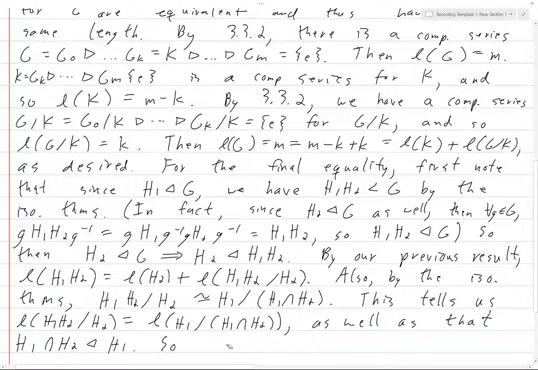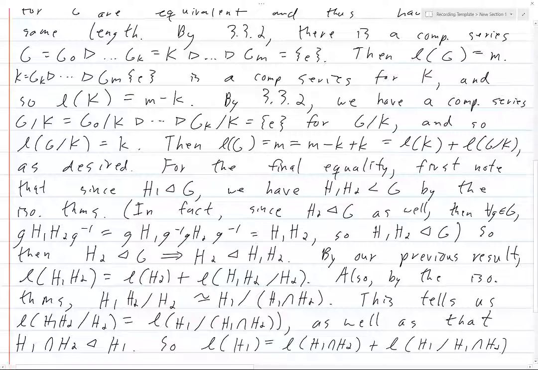We use our previous result again, and we have that the length of H1 is equal to, now we just apply the formula, but with H1 intersect H2 as our normal subgroup. We have the length of H1 intersect H2 plus the length of H1 mod H1 intersect H2.